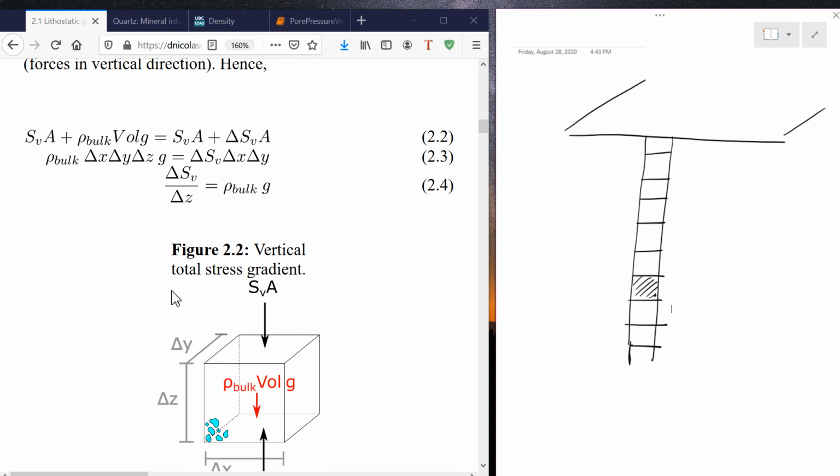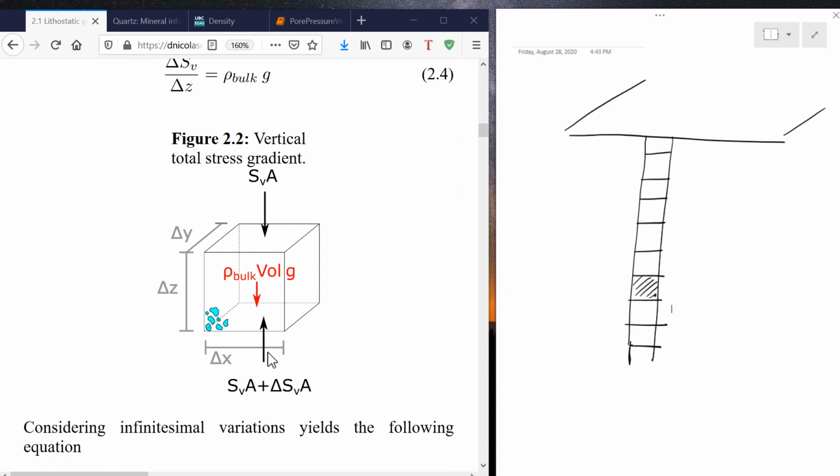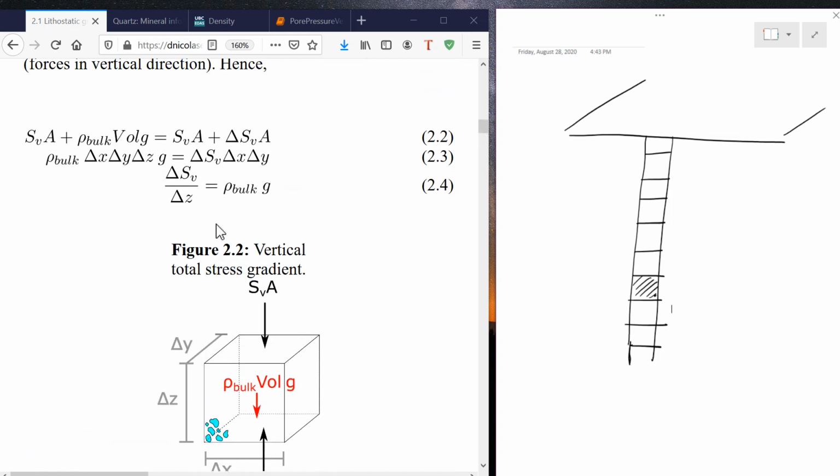Notice that the area of the top face and the bottom face is equal to delta x times delta y. When I replace A with delta x and delta y, I can also realize that these two factors are the same, SV times A, so they are going to cancel out.